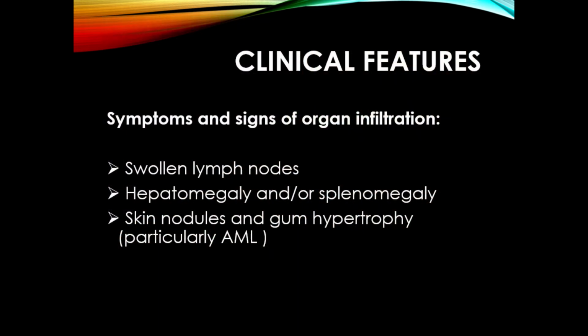As well, the symptoms of organ infiltration are hepatomegaly, splenomegaly, enlarged lymph nodes, skin nodules, and gum hypertrophy, and this is seen mainly in acute myeloblastic leukemia in the promyelomonocytic type.